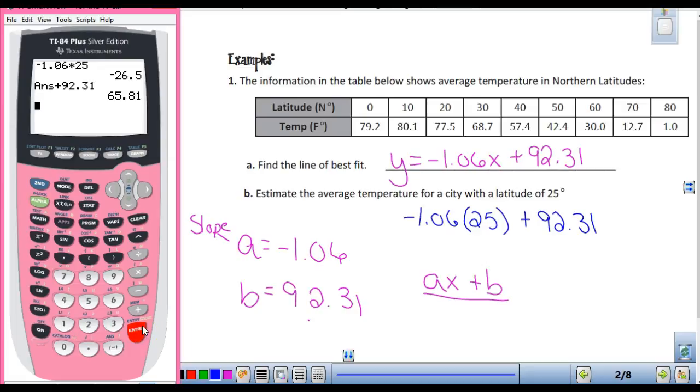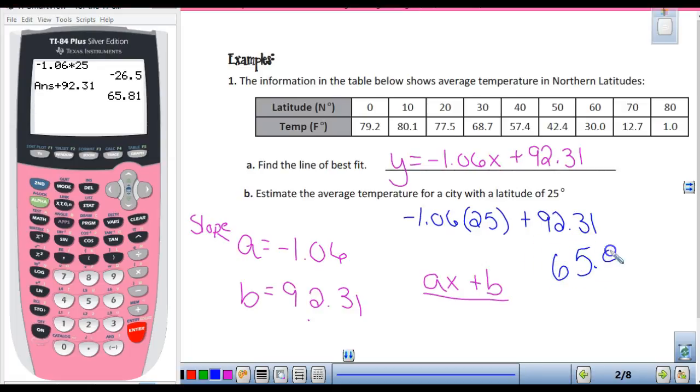Our temperature should be approximately 65.81 degrees.